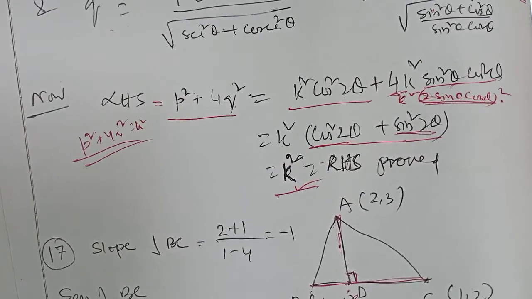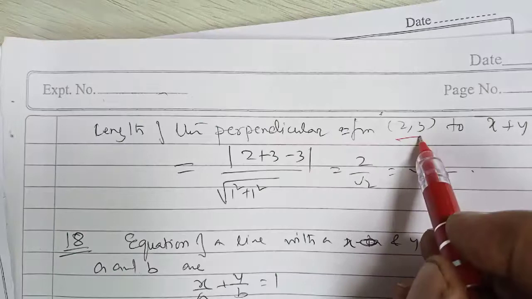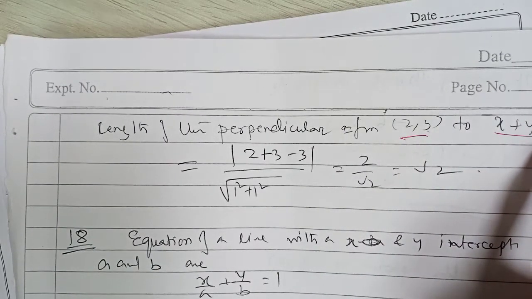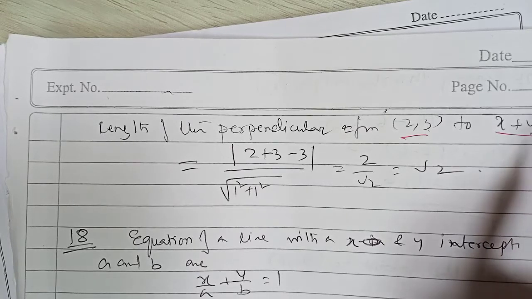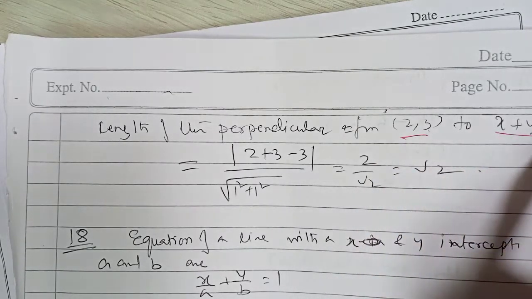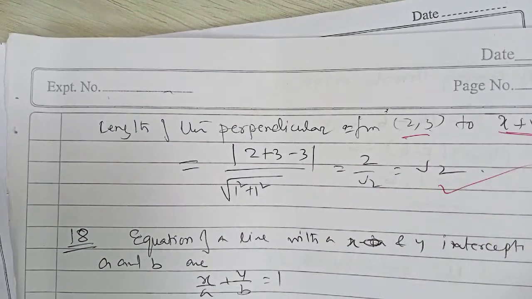Then the equation of AD we get. Now the distance from this vertex to this line, that also they have asked. We can find the foot of the perpendicular and then use the distance formula, but that will be lengthy. Using this formula, you can easily get it. It's coming √2.